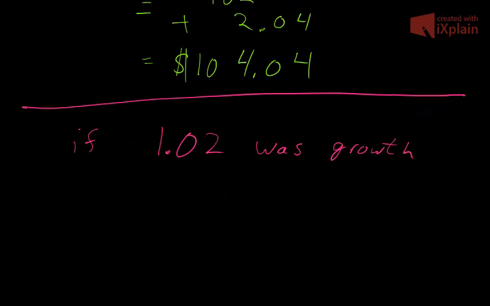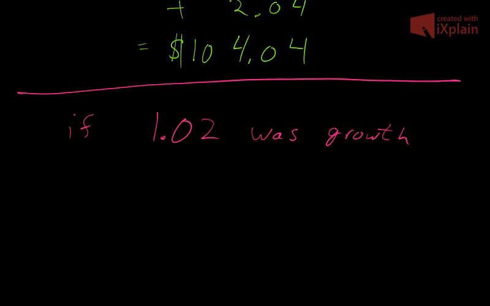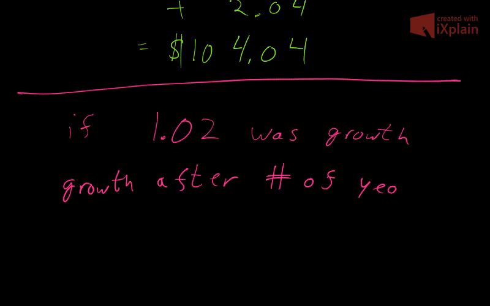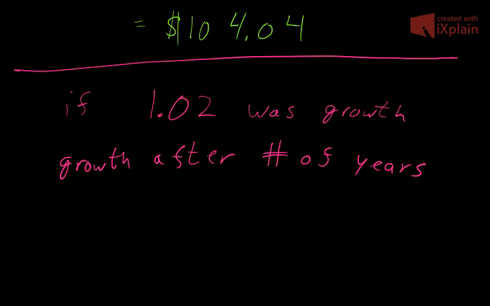What that means is that we can find how much it's going to grow after a number of years. Instead of multiplying by 1.02, if I want to do it after 2 years, I'm going to multiply by 1.02 to the power of the number of years. So after 2 years, it would be 1.02 squared. After 3 years, it would be 1.02 to the third power, and it just keeps on going. So instead of keeping on adding like that, I could just raise it to a power, and that would make my life a little bit easier.